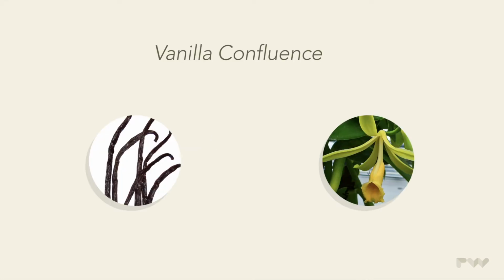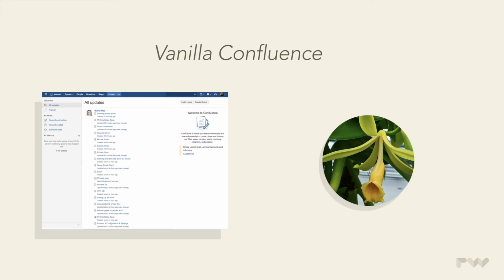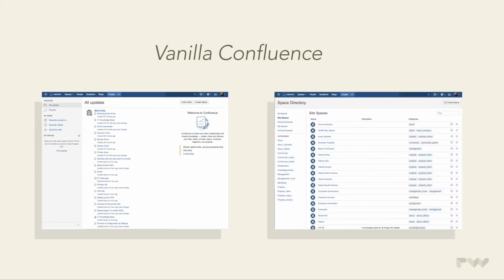First, I want to show you vanilla Confluence, and these images you should probably be familiar with if you have been using Confluence for a while. As you can see here, there's a lot of actions going in, and if you have been using Confluence for a while, or you are many people using it, this might be a familiar sight as well.